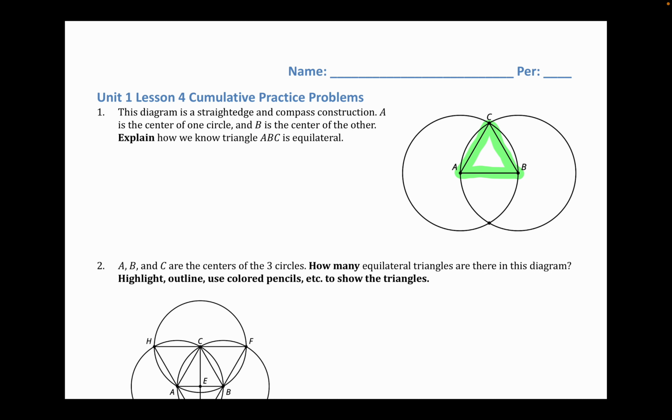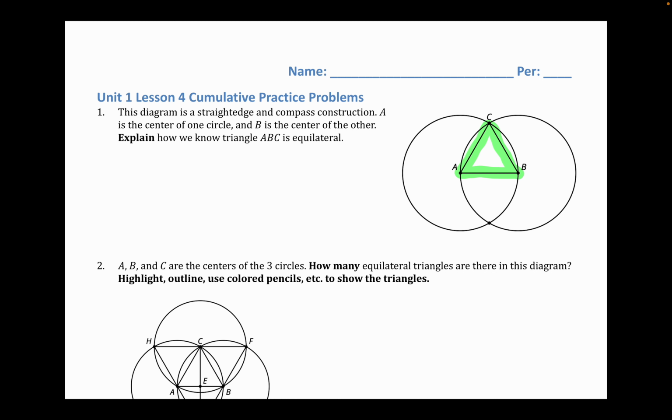So I know that AB is a radius of both circles, because these circles pass through each other's centers. And so that means that AB is the radius of both. And so the circles are going to be congruent to each other.